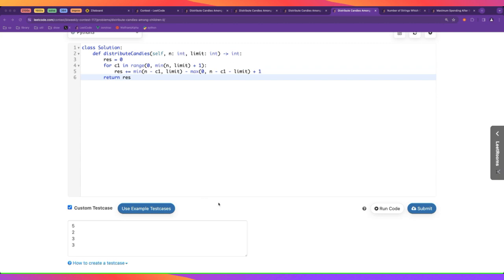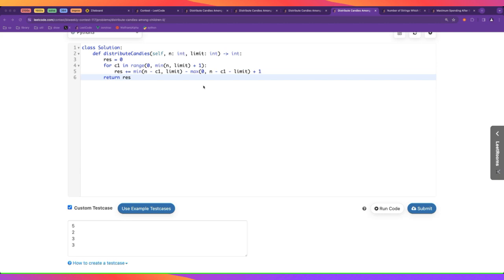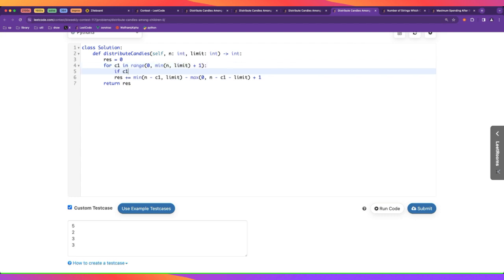This is the contest. So we also want C1 to be... So yes, there is another condition that we want.